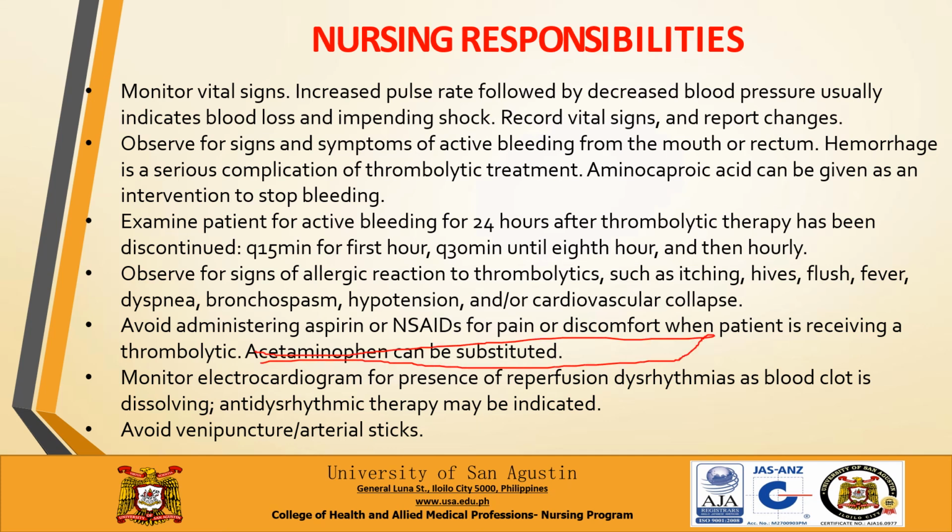And then monitor electrocardiogram for presence of perfusion or dysrhythmias. Because again, if we are using antiplatelet medication, no, or anticoagulant, no, dysrhythmias will also appear, no. So that's why the antidysrhythmic therapy man kung indicated yun. And then avoid venipuncture or arterial sticks because again, very prone to bleeding.